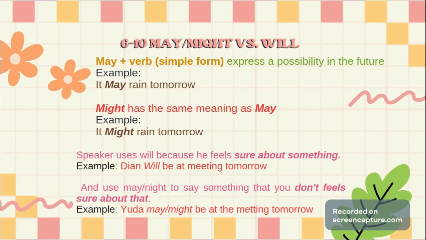And for sentence 2, use might to say something that you don't feel sure about, like he might be or may be at the meeting tomorrow. Okay.